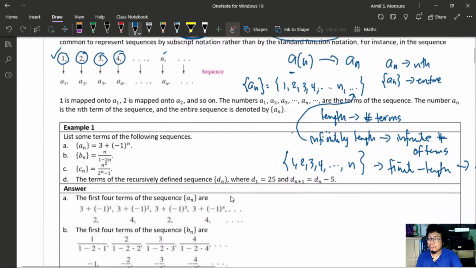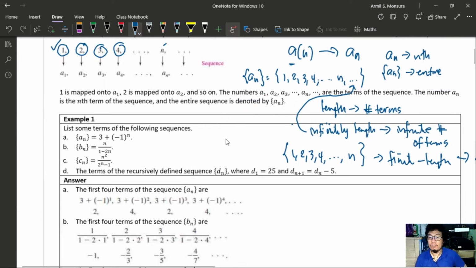Here in example 1, we wish to list some of the terms of the following sequences. For letter A, we have the entire sequence a sub n equals 3 plus negative 1 raised to n. So what we do here is we replace n with 1, 2, 3, 4, and so on.